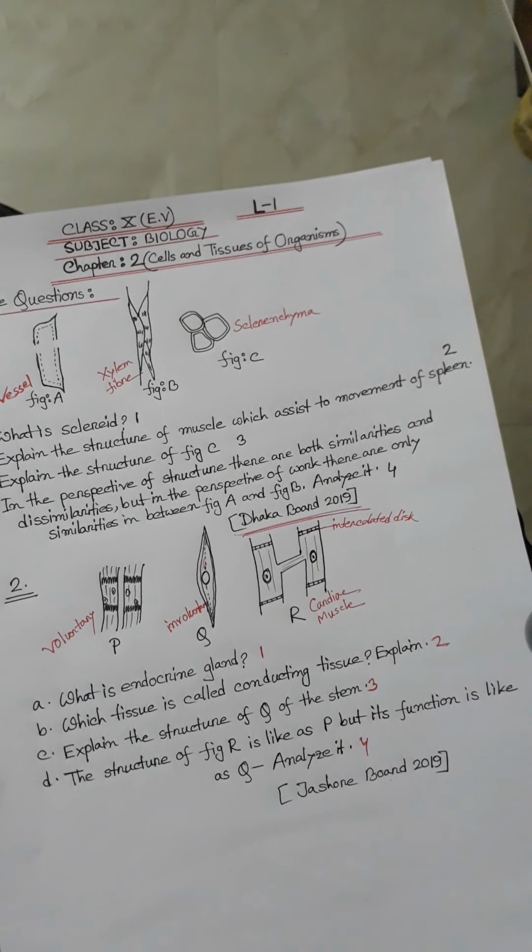The contraction and relaxation of this tissue does not depend on the will of the animal. That is, the structure of heart muscle is like that of voluntary muscle and the function is like that of involuntary muscle.